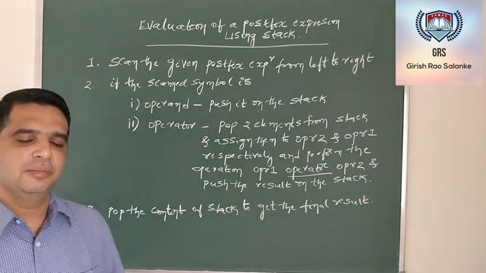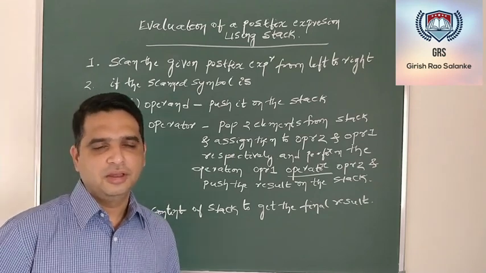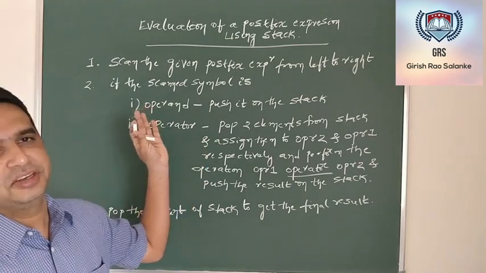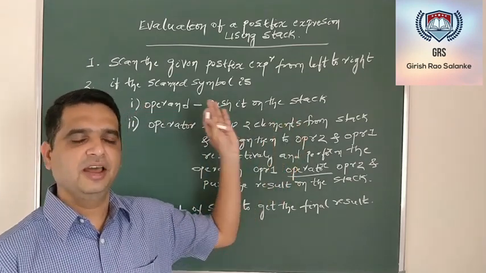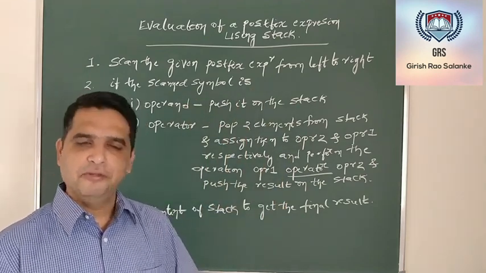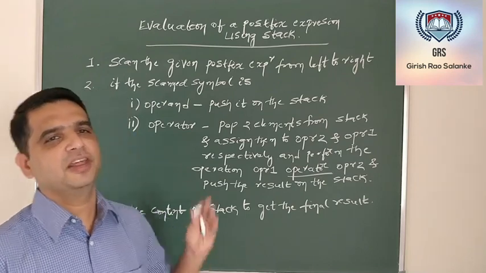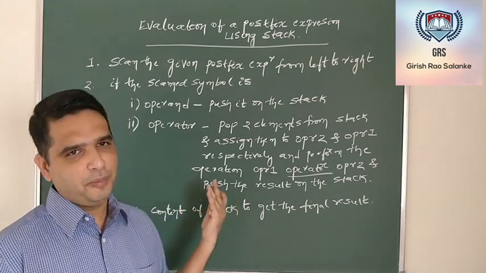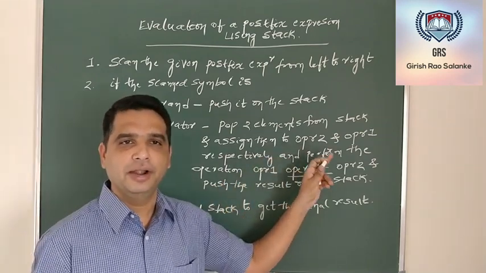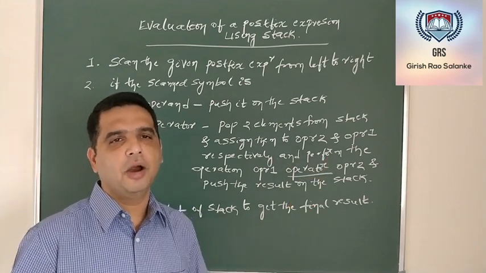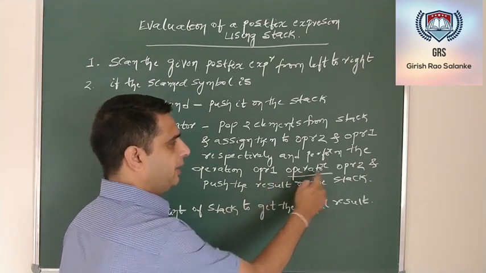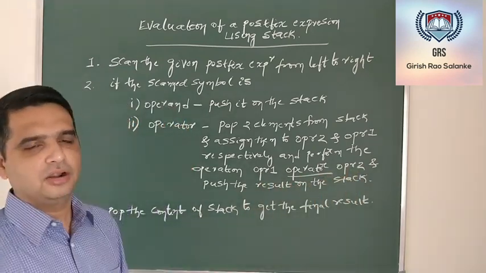Hope this is clear. This is the algorithm that we are supposed to use to evaluate a given postfix expression using a stack. We scan the postfix expression from left to right. While scanning, we may encounter either an operator or an operand. If it is an operand, push it onto the stack. If it is an operator, pop 2 elements from the stack, assign them to operand 2 and operand 1 respectively, perform the operation operand 1, operator, operand 2, and push the result onto the stack.